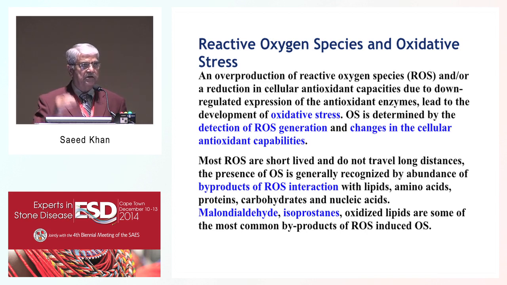But once either the body's own antioxidative defense comes down, or more are produced and they get away from where they are, then there is a development of oxidative stress. Reactive oxygen species are very difficult to study, so generally you look at the products of lipid peroxidation, things like malondialdehyde, isoprostane, and so on.